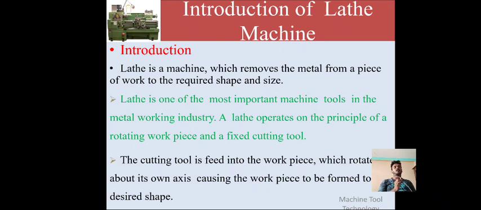Lathe is one of the most important machine tools in the metalworking industry. A lathe operates on the principle of a rotating workpiece and a fixed cutting tool. The cutting tool is fed into the workpiece, which rotates about its own axis, causing the workpiece to be formed to the desired shape.